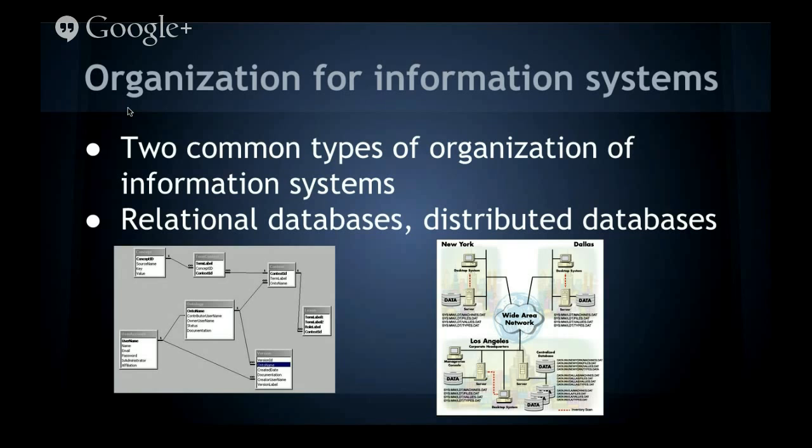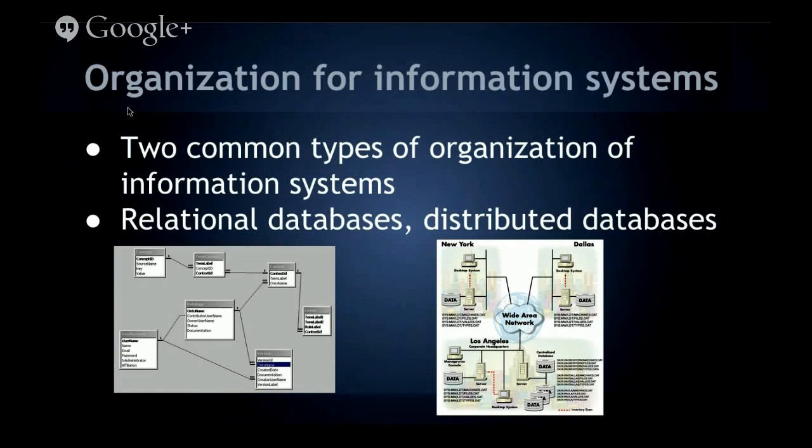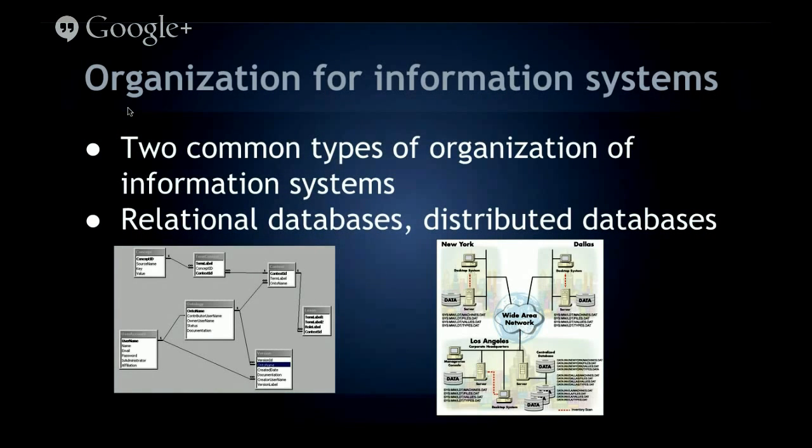Like I said, databases are a form of organization for information systems. There are two common types of organization of information systems that I found in the research I conducted for Block 4. One of them is relational databases, which is kind of like tabs on a folder.